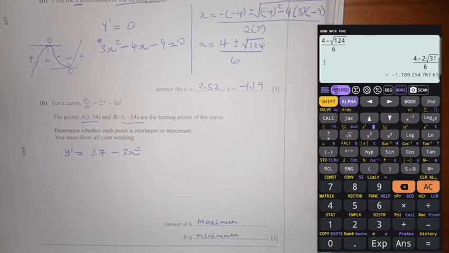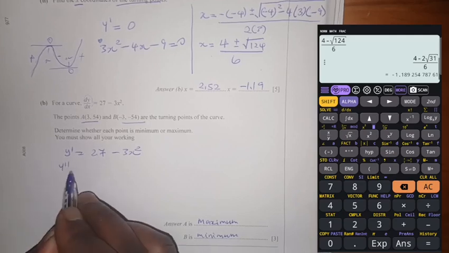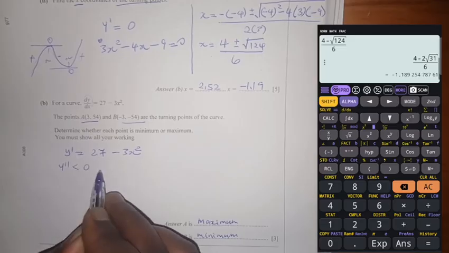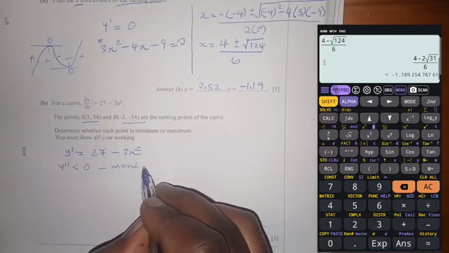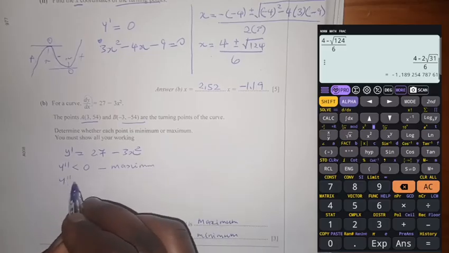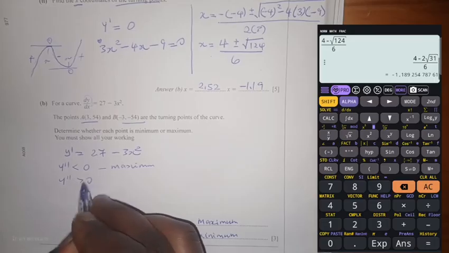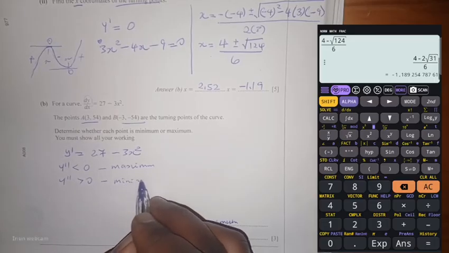To determine whether a point is a minimum or a maximum, we need to use the second derivative test, which says if the second derivative is negative, less than 0, that point will be a maximum. Similarly, if the second derivative is positive, greater than 0, that point will be a minimum.